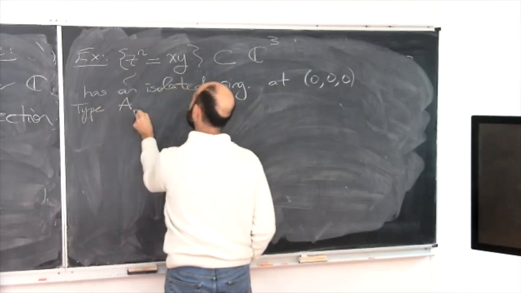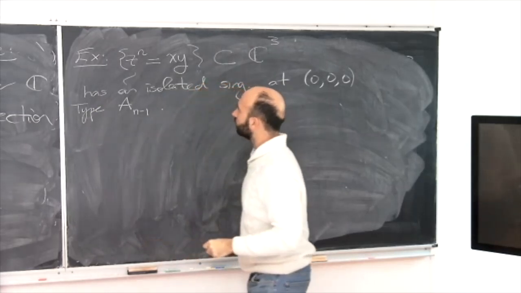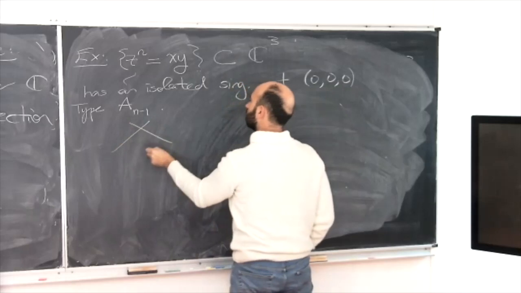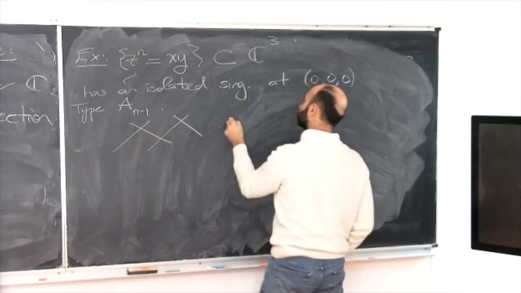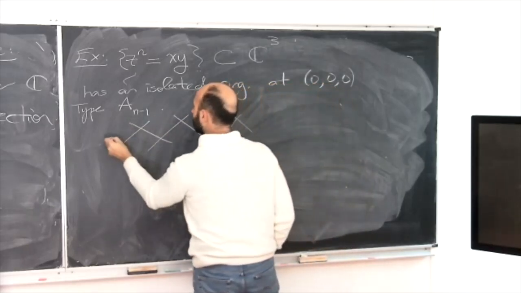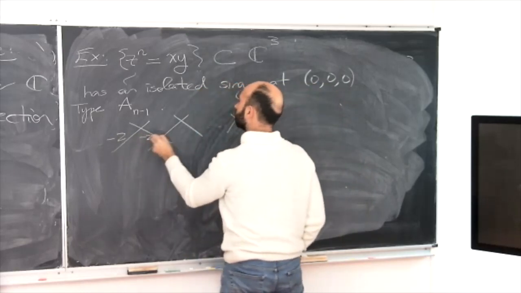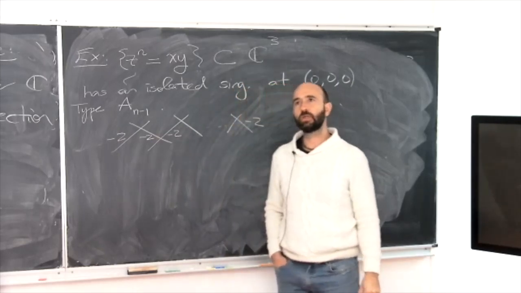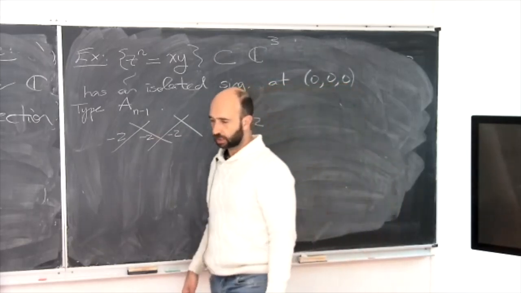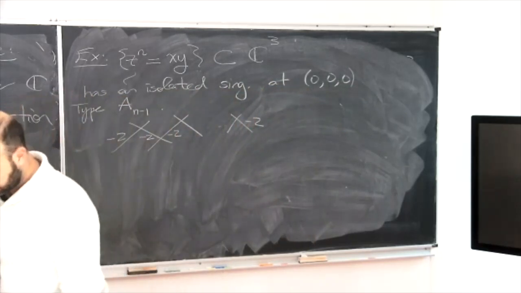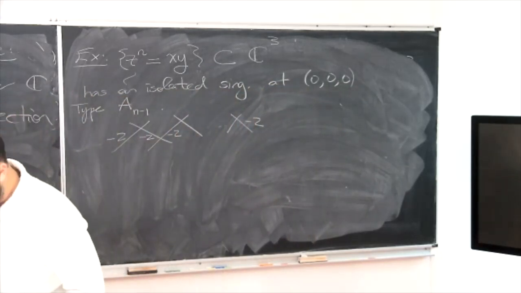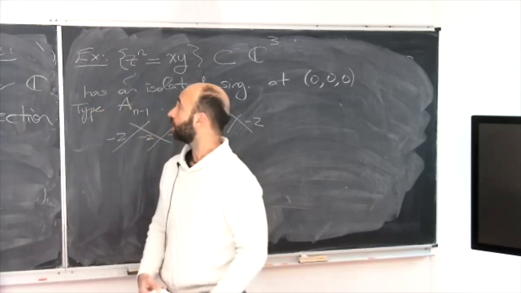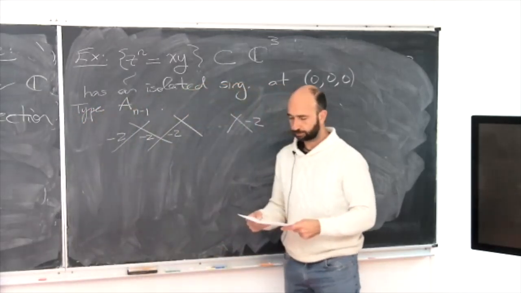And if you resolve this singularity, you get a bunch of exceptional curves, and each of these has self-intersection -2. So this is another typical place where you see negative self-intersection. And it doesn't depend too much on the type of the singularity. You would get a similar kind of thing in more or less all the resolutions.